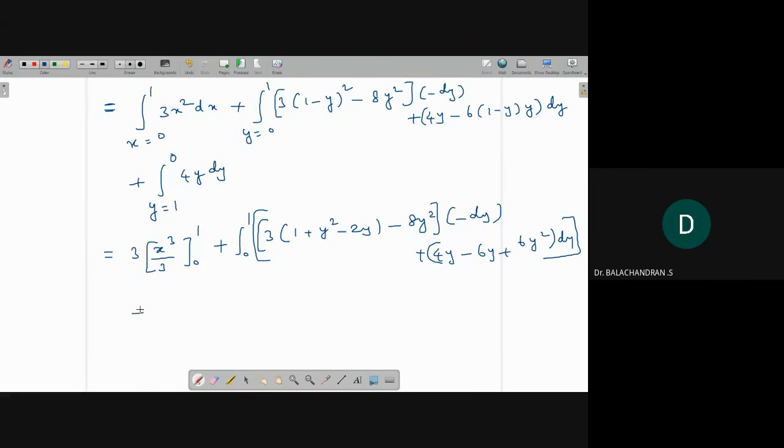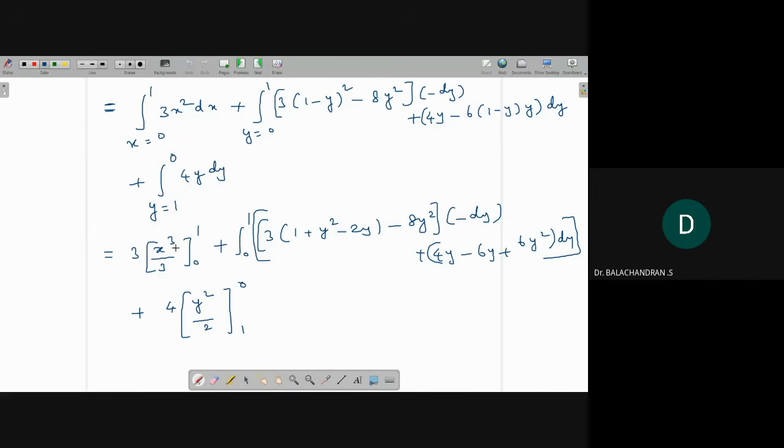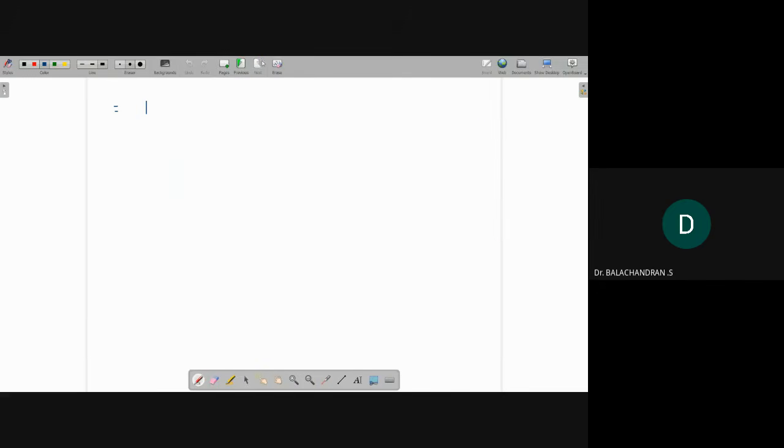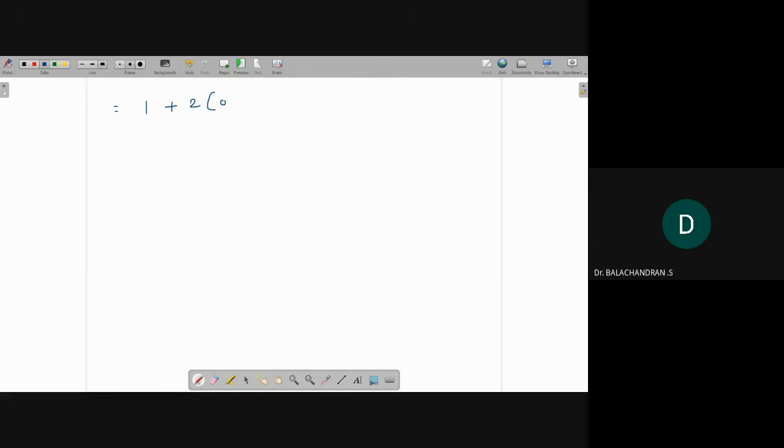The last integral is 4 into y square by 2, limit from 1 to 0. So 2 into 0 minus 1, so the last integral is also over.